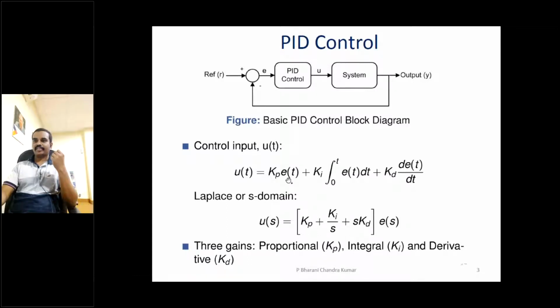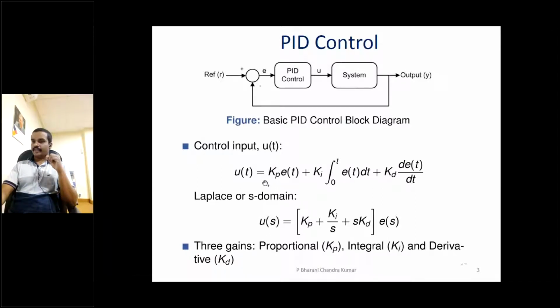As far as the proportional is concerned, this deals with only this first term. If it is only proportional control, that means u of t, the control input which is going to the plant, is directly proportional to the error. And if I equate that, the proportionality constant is called Kp, which is the gain.